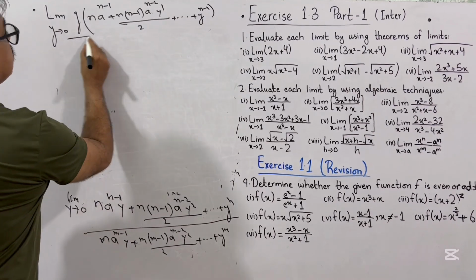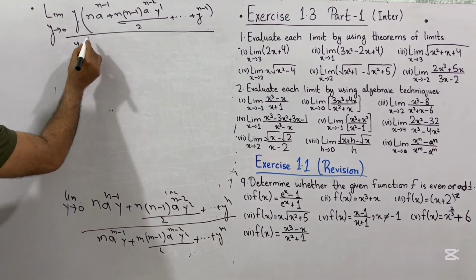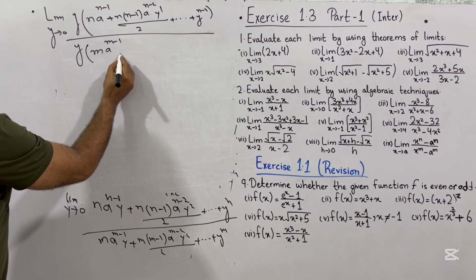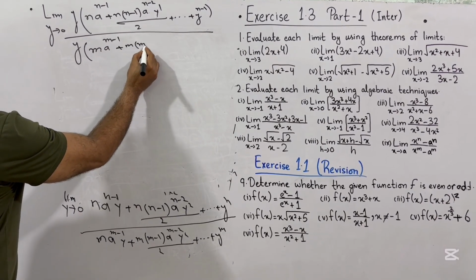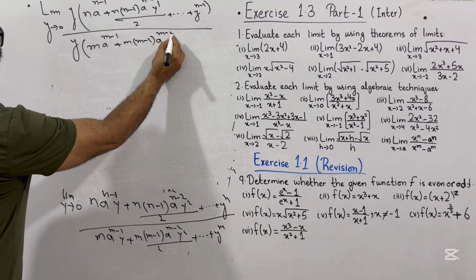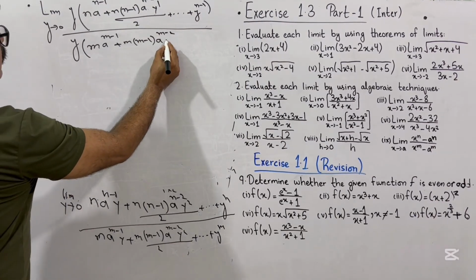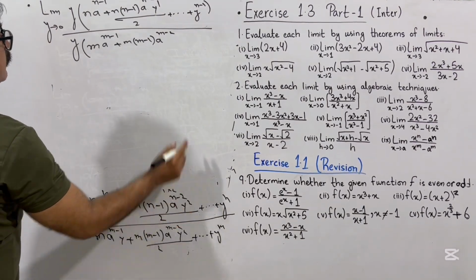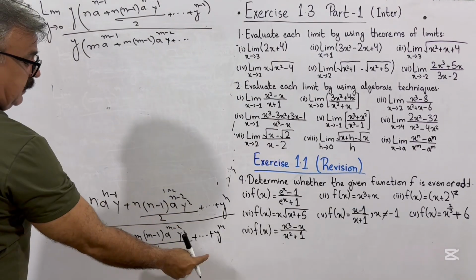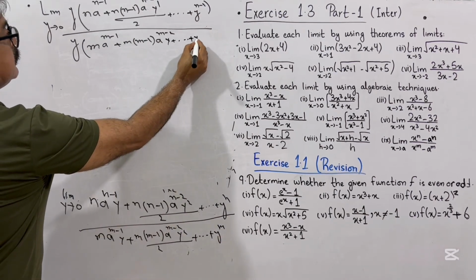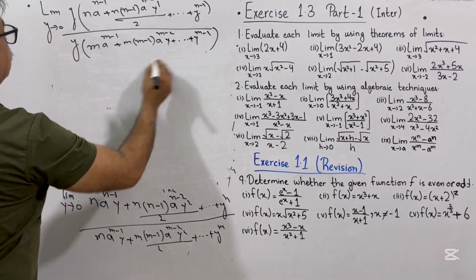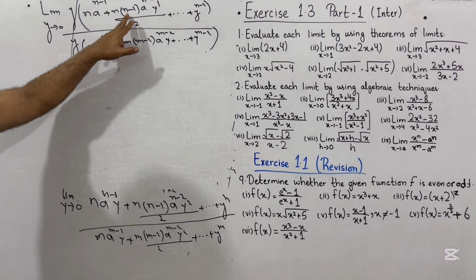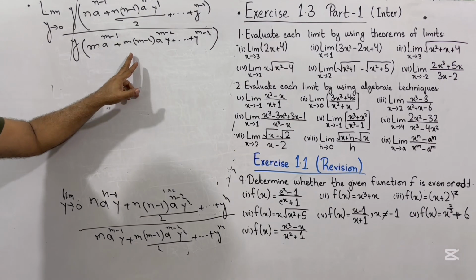Similarly, taking y common from the denominator, we have m times a raised m minus 1, plus m times m minus 1 a raised m minus 2 times y, and so on, and y raised m divided by y becomes y raised m minus 1. Bingo, cancelled out. If we put the limit, the y terms become 0.